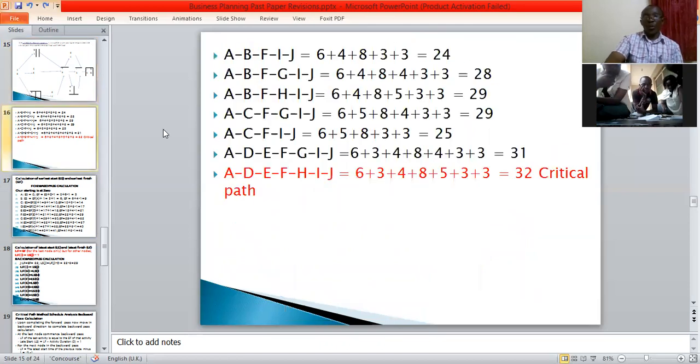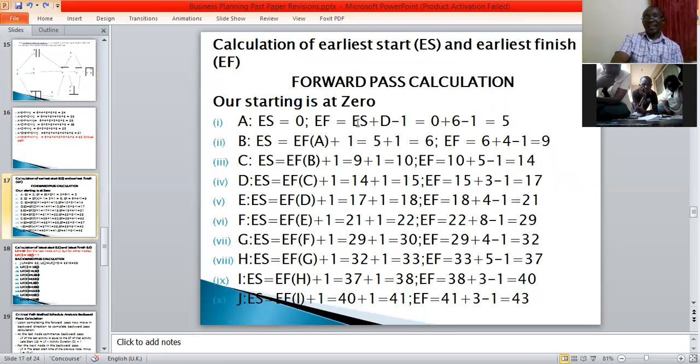So the earliest finish for activity A is 5 months.